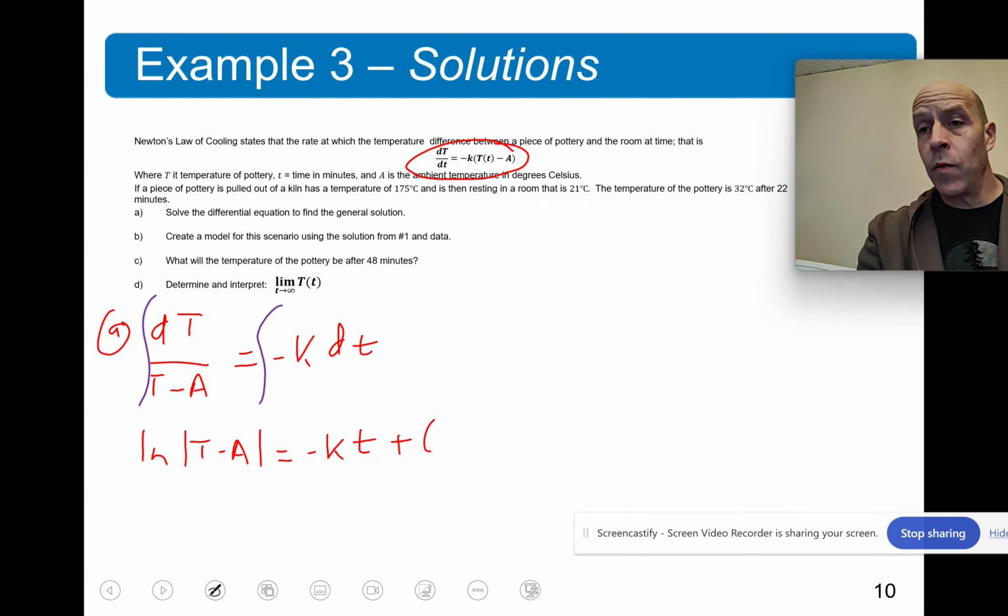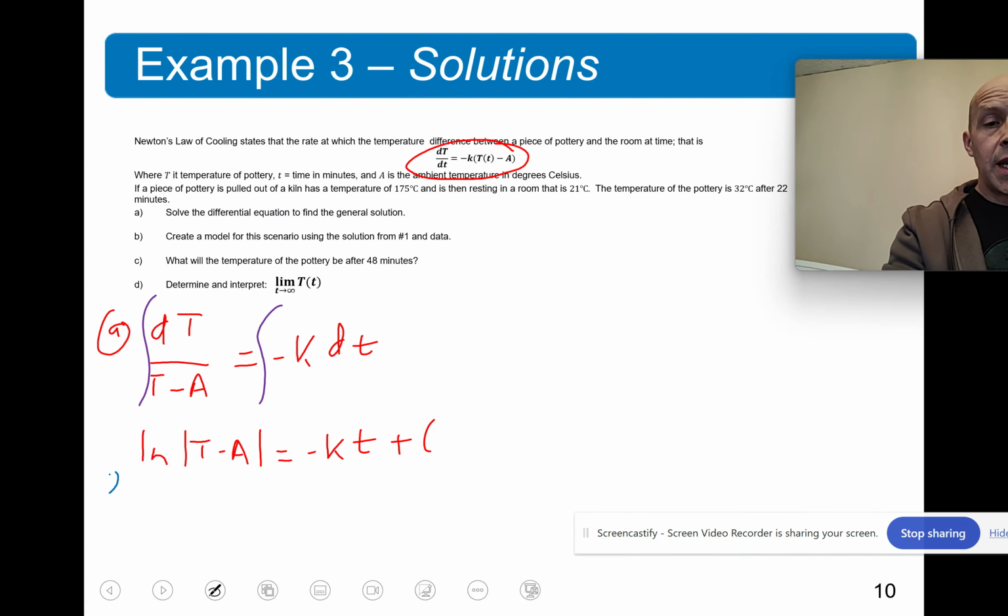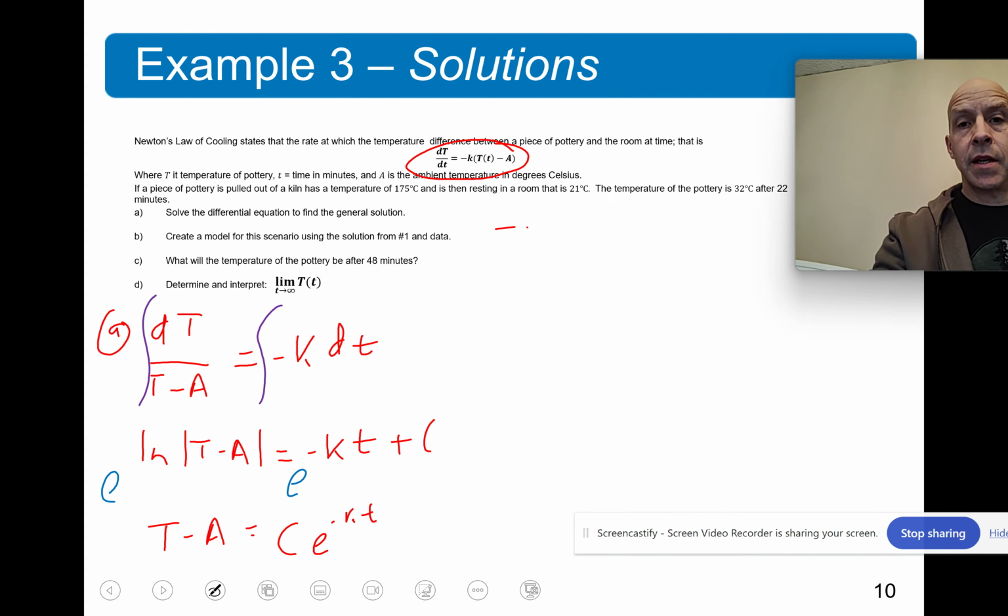Now once again, what I want to do here is I'm going to e both sides, and so that's going to give me, well, the natural log and the e cancel, so you get T minus A equals, and then this is going to be c e to the negative k t. And so last but not least, I'm just going to add the ambient temperature over to the other side, so I'm going to get A plus c e to the negative k t.